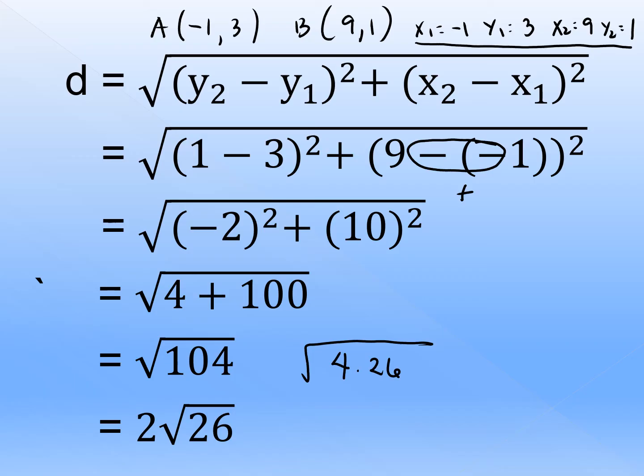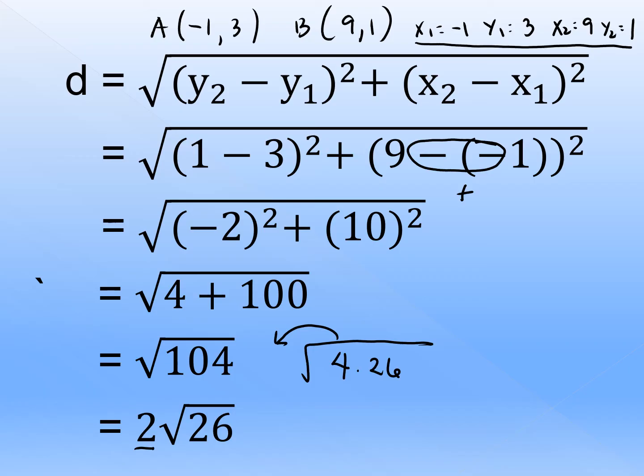That's the reason why the factors of 104 are 4 times 26. From that, we get the square root of 4, and the square root of 4 is 2. Since we simplify the square root of 4, it comes out of the radical. That's the reason why it will be 2. And then, since 26 is not a perfect square, it is retained inside. That's the reason why the square root of 104 simplifies to 2 square root of 26.